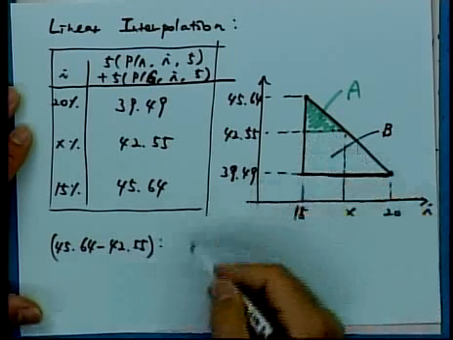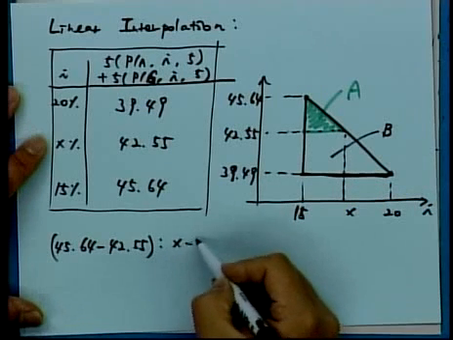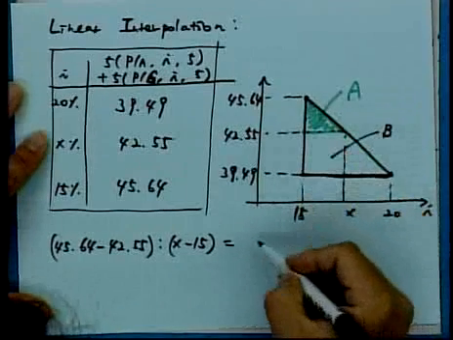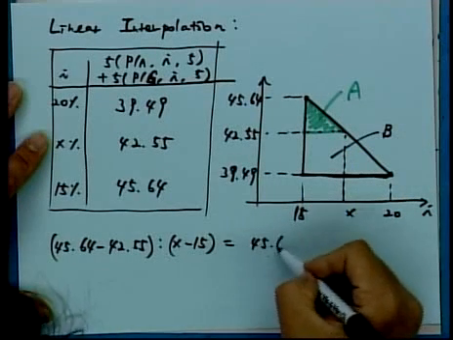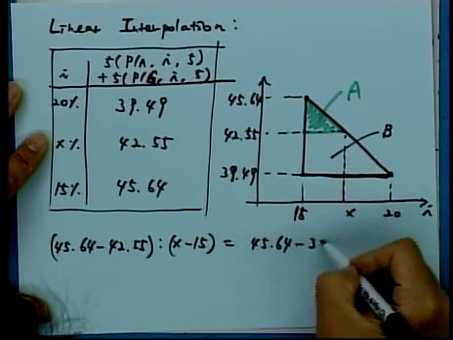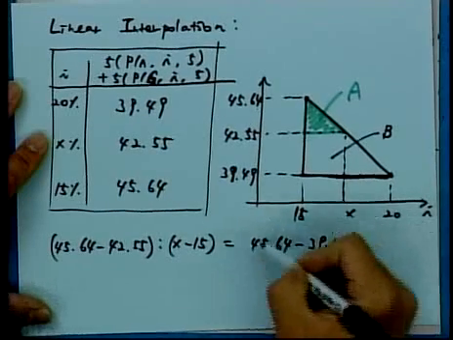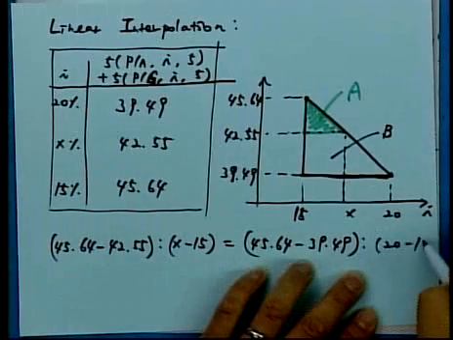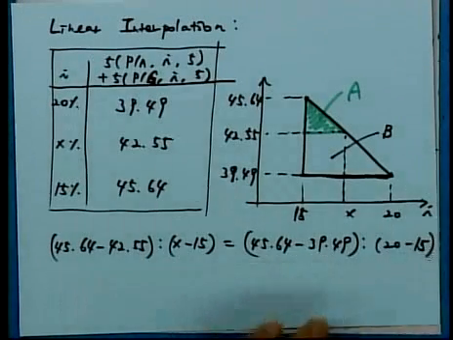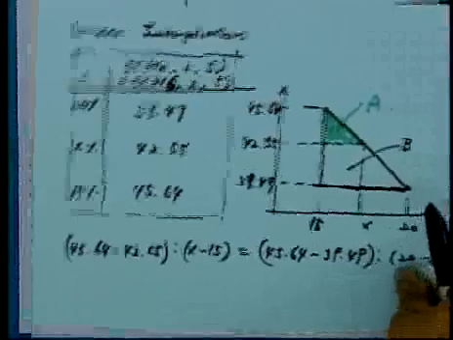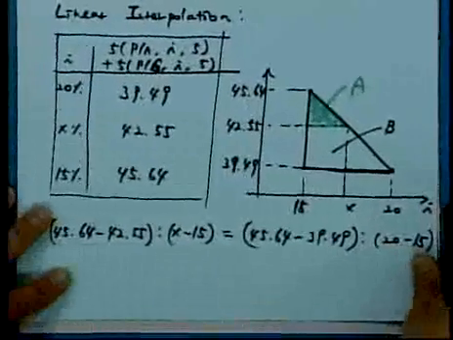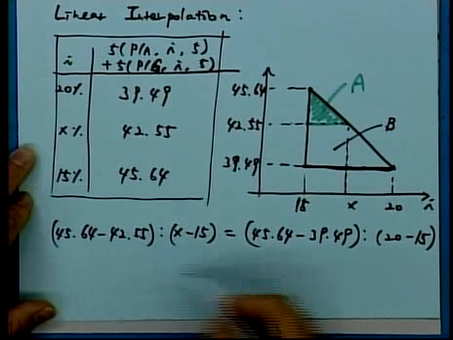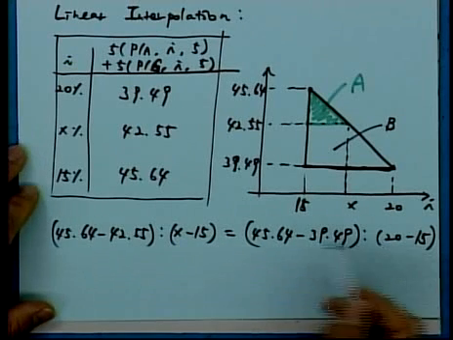Base of triangle A is x minus 15. Height of triangle B is 45.64 minus 39.49. Base of triangle B is 20 minus 15. Okay. Again, inner product is equal to outer product.